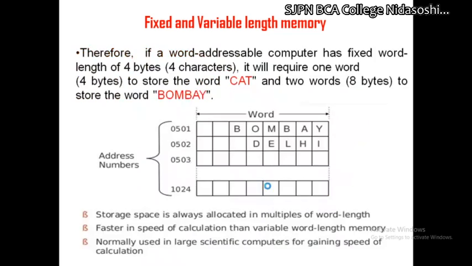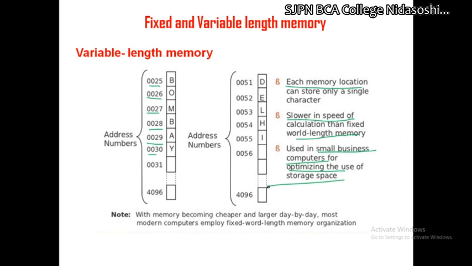Here, fixed word length memory can take huge memory space. In scientific computers and large computers, they use this type of memory, fixed word length memory. But variable length memory is used in small business computers, because they are optimizing the use of storage space and reducing it.